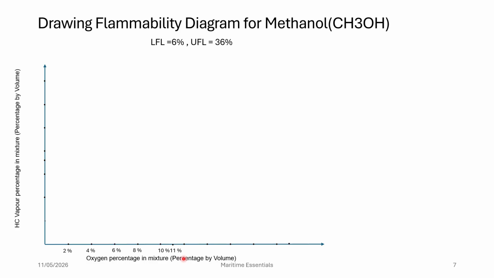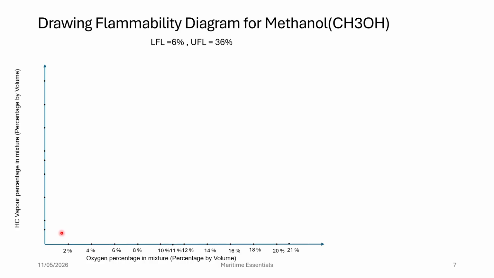Obviously in a mixture there has to be at least 11% of oxygen, otherwise the combustion will not sustain. This is the standard of ISGOTT. Then we go for 12%, 14%, 16%, and in that way we go up to 21%. Same for the hydrocarbon vapor, that is methanol vapor, because here the cargo is methanol.